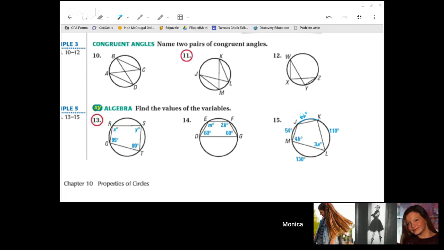Now we have the whole outside of the circle labeled, okay? So now let's look at those angles on the inside. So this angle here, angle L, goes out like this, and it forms, let me change colors, it forms this arc from M to J to K. Do you see it?